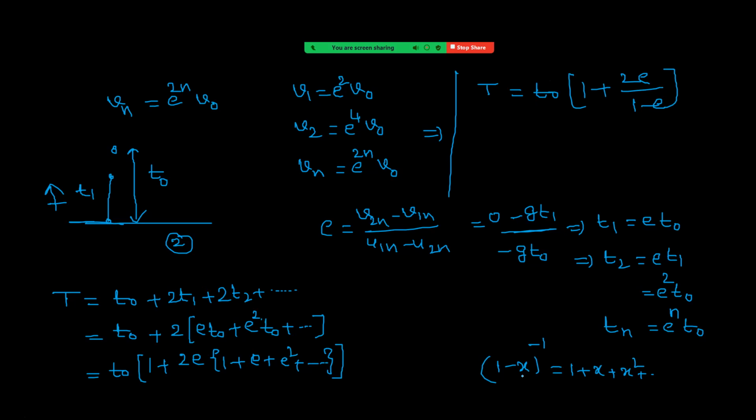Because expansion for 1 minus x whole power minus 1. Now this becomes t naught into 1 plus e by 1 minus e. Where t naught equal to root of 2h by g, right? For a freely falling body. So like this, we can solve the problem, right?